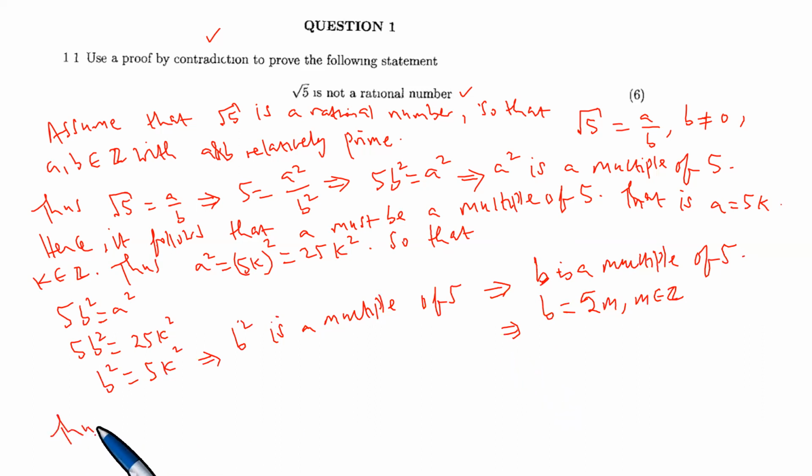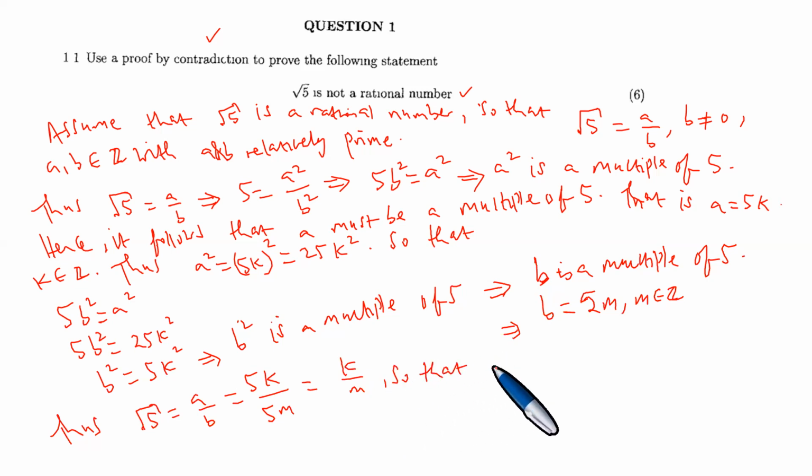Thus, the square root of 5, which is the same as a over b: we said that a itself is 5k, but now we're realizing that b is also 5m.